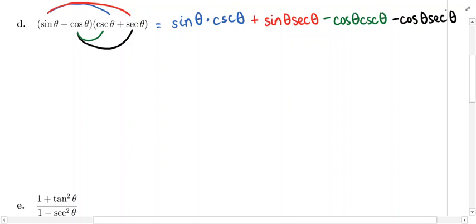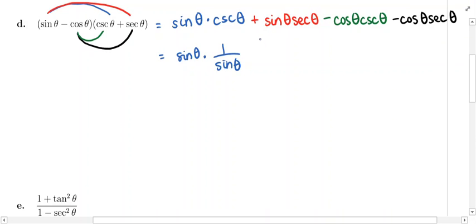We keep going here. This looks like a lot. We can definitely try to simplify this down. At this point, I'm going to convert everything to sines and cosines. Sine of theta times the cosecant of theta, cosecant is 1 over the sine of theta.